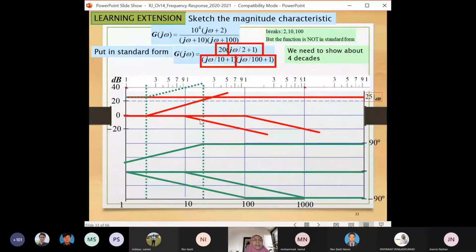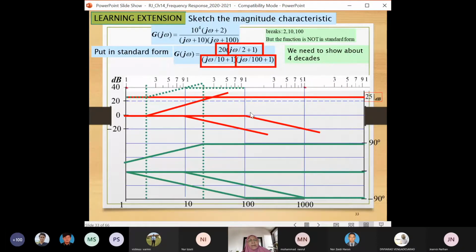we have to cut from 10. Here you have 1, 2, so here will be cancelled. So it will be flat. And from 100 and above, you have two drops of 20 and one rising.